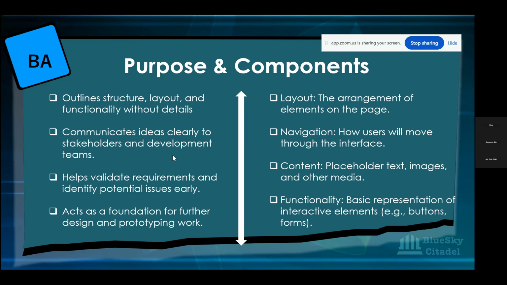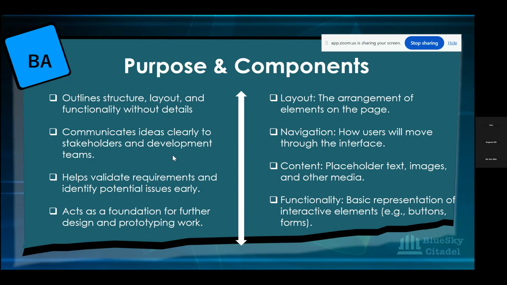If it has text, I've already talked about dummy text, placeholder text, images, and other media. You use sketches to represent all of that. If it has buttons and forms, maybe a sign-up form, I click on the sign-up button and the sign-up form is displayed. You have to show all those different things. So everything from the perspective of the user, what happens when a particular button or a particular page is clicked, what's that functionality?